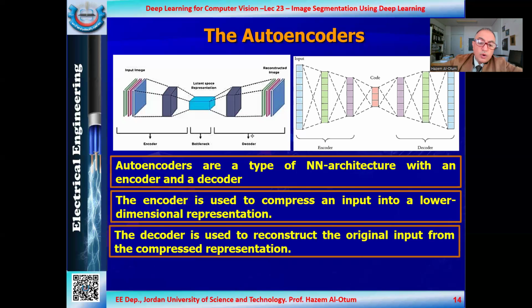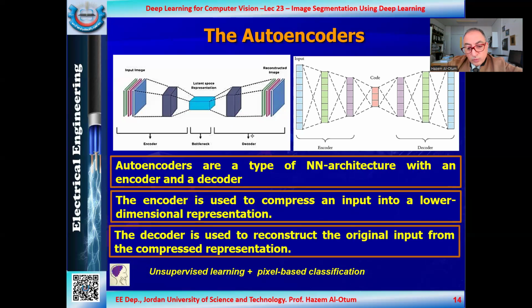The decoder is used to apply the opposite operation to the encoder, and this leads to the fact that we are dealing with unsupervised learning accompanied with pixel-based classification. So we classify every pixel in the image as to whether it belongs to this class or that class, and this is why you need the ground truth map or table or matrix to help us in defining the output class for this or that pixel.